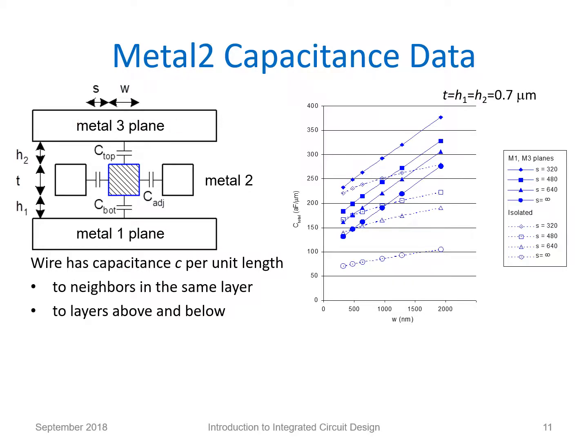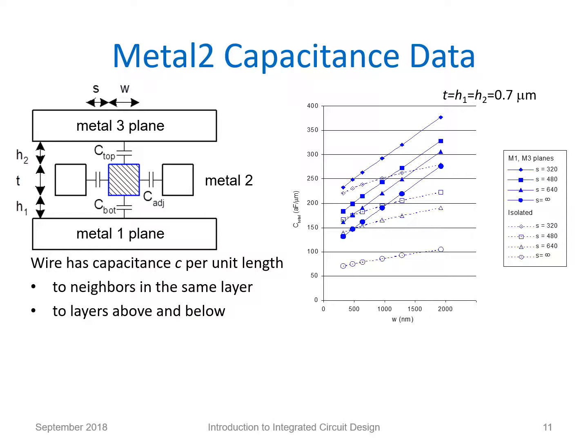In both cases, the data is given for four different values of the spacing S between the wire and its surrounding wires. As we can see in the graph, for the isolated wire, it depends strongly on the spacing, but less on the wire width.